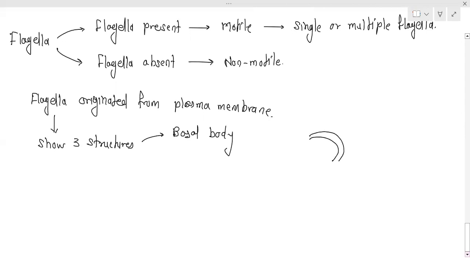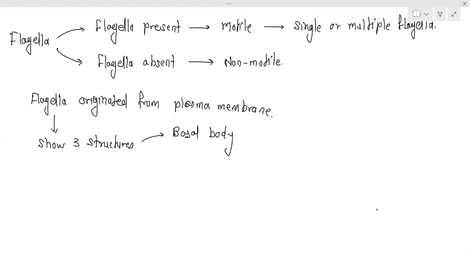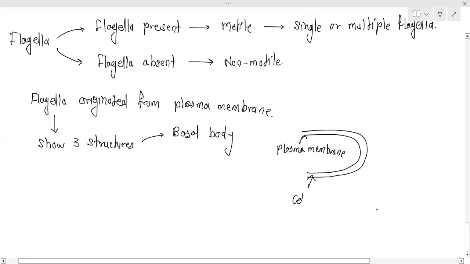You can use different colors also if that helps you understand. Above the plasma membrane there is a cell wall, and above that there will be a capsule. Agree?